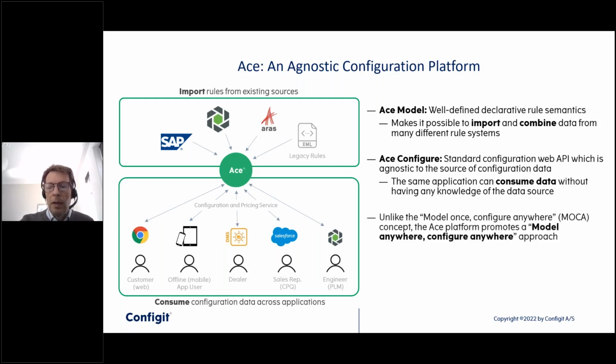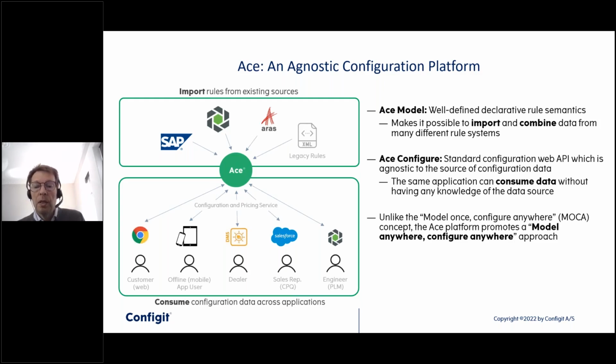I want to make one point here. I've seen recently that some talk about this concept of model once, configure everywhere. That is the concept of bringing all the models into one and the same authoring environment. And we tend to say that that's too hard.